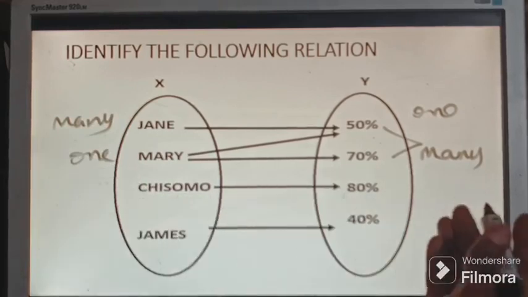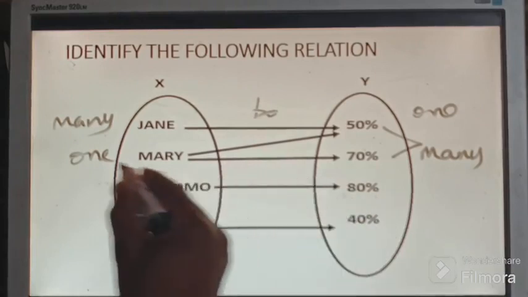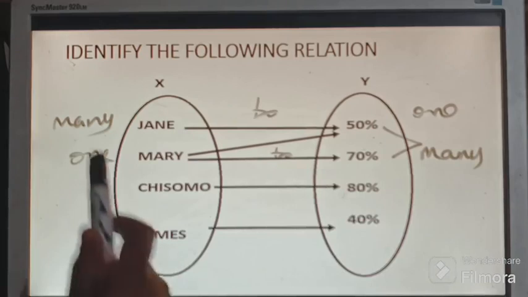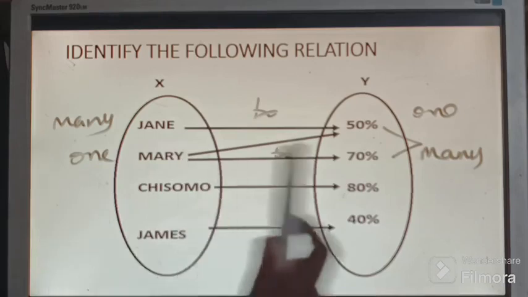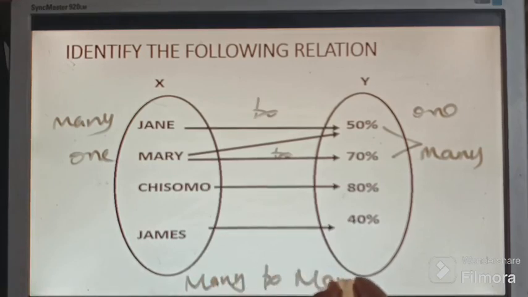So what type of relationship? Many to 1. And again here we had 1 to many. So do you remember? A mapping which has both many to one and one to many is many to many.